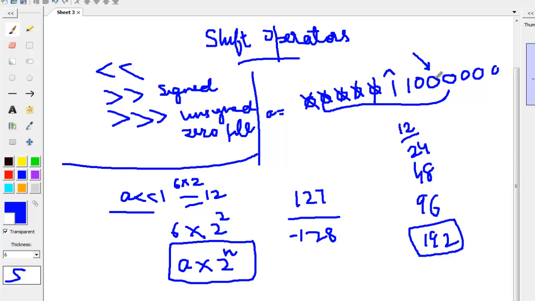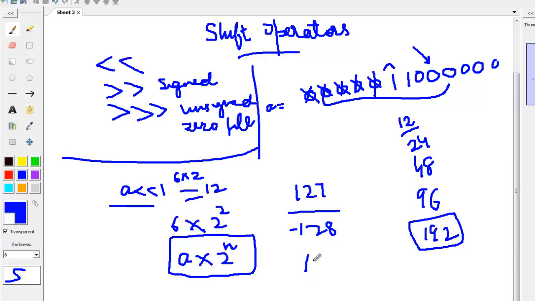So while shifting towards left, we must ensure that the extreme left bit never goes to 1. In case the extreme left bit becomes 1, the number changes dramatically. If you want to see what number it now comes out to be, we can see 1, 1, 0, 0, 0, 0, 0 and 0.